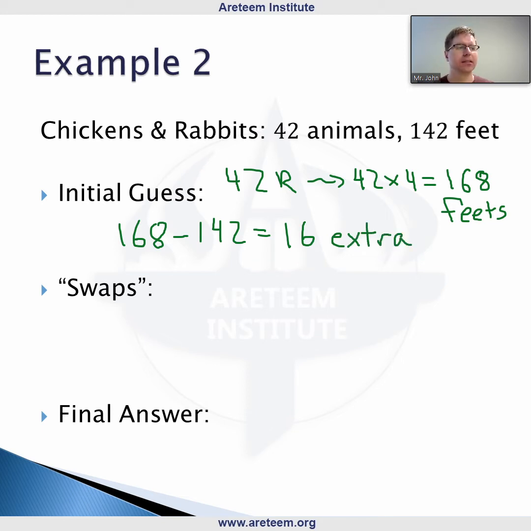Now, we can do the same thing except swapping in the other direction. If we swap a rabbit for a chicken, this removes 2 feet in this case. And whoops, let me correct my extra here.